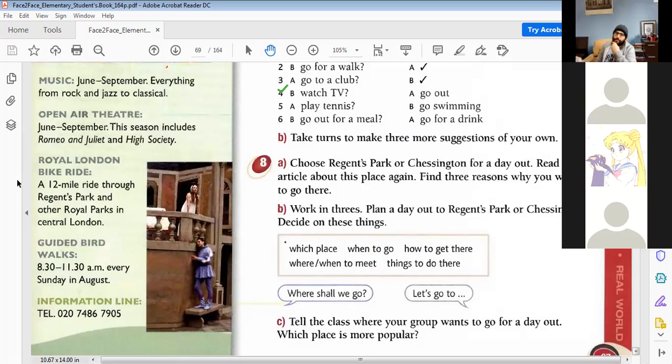For example, when we say open air theater, what do we mean? I know that all of you know theater, right? We talked about theater before, but what do we mean by open air theater? Is it indoors? Is it outdoors?